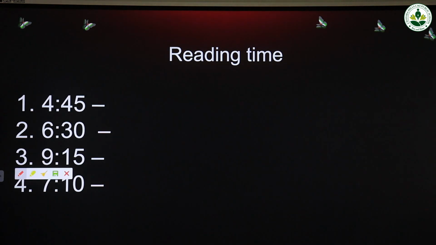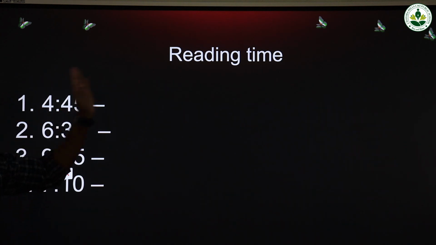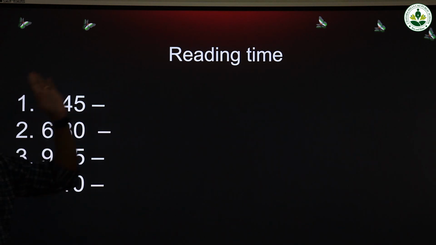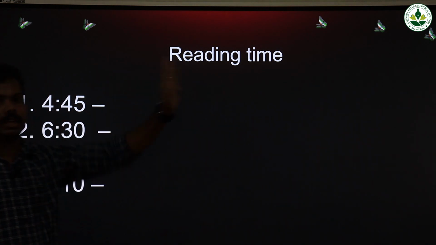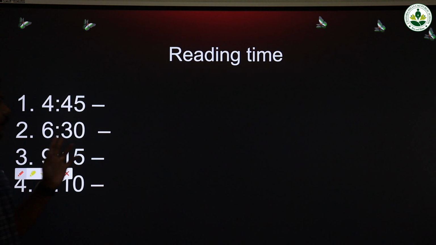Here the first one, 4:45. Here the minute hand is on the left half. 45 means 9. So it is on the left half. So we read or write the number of minutes to the next hour. Next hour is 5. Now we need to check how many more minutes to 5 o'clock.